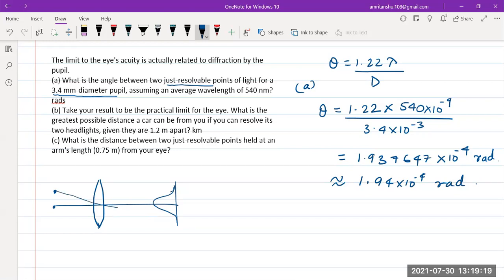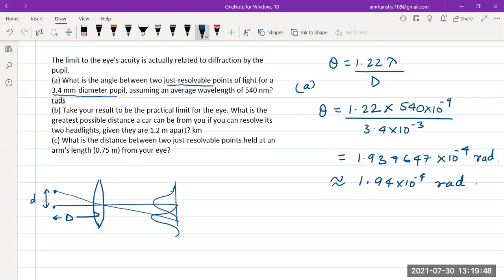Now to get a proper just resolved image for these sources, what should be the distance between these two light sources? Let's see what they have asked in the question. What is the greatest possible distance a car, okay, so here they're asking you this distance actually.